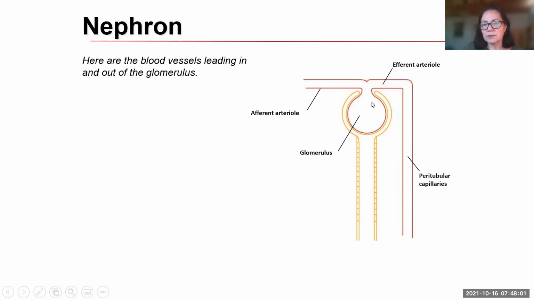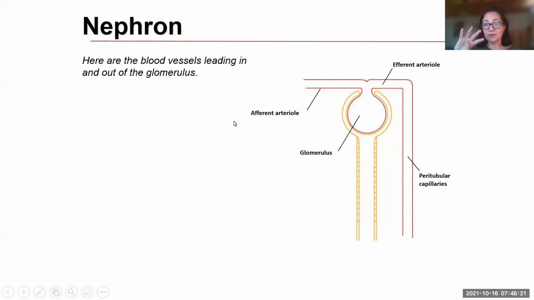The glomerulus is going to allow us to dump stuff out of the blood. And remember, we said 99% of that stuff we're going to pull back in. Where we pull it in is back into the peritubular capillary. So that's why there are two capillary beds.